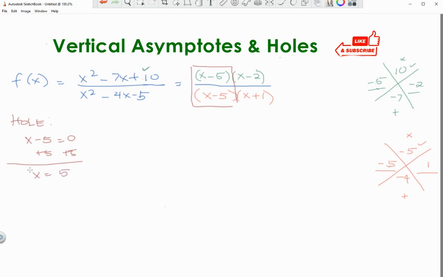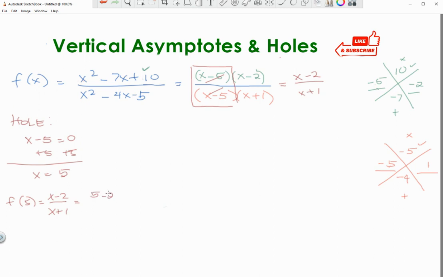Okay. Now, if you want to find the simplified version of this after you cancel this x minus 5, it's going to be x minus 2 over x plus 1. So if you find f of 5, meaning you substitute this value of x into that, I'm going to put this one first so you know where I'm substituting this.